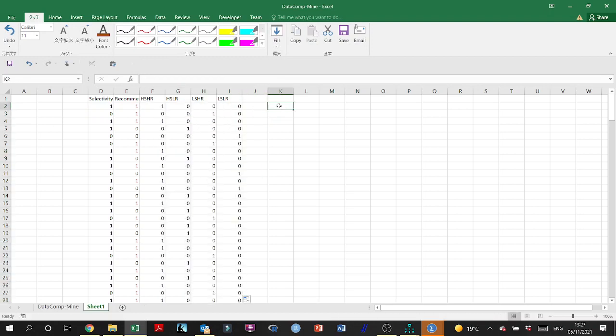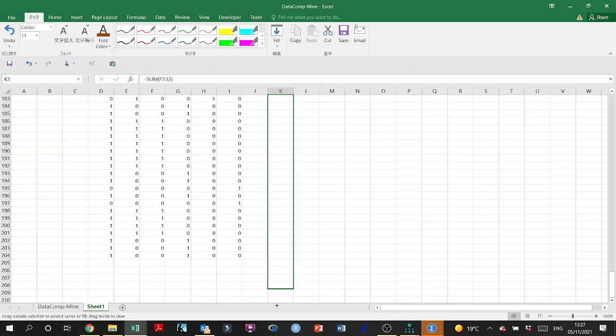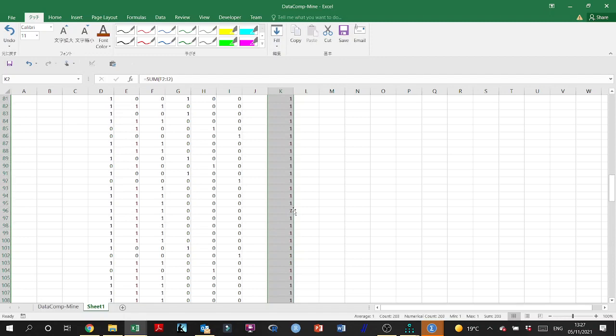So I'm going to put here just a test: the sum of all this is supposed to always be 1 in every row. For quality assurance, right? Because it corresponds to only one value.